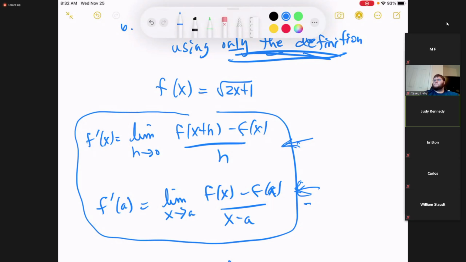Let's do one off of the September 25th homework. Yeah, the September 25th homework. Now we've learned all the differentiation rules and we are using them. So let's see, let me pick out one here.